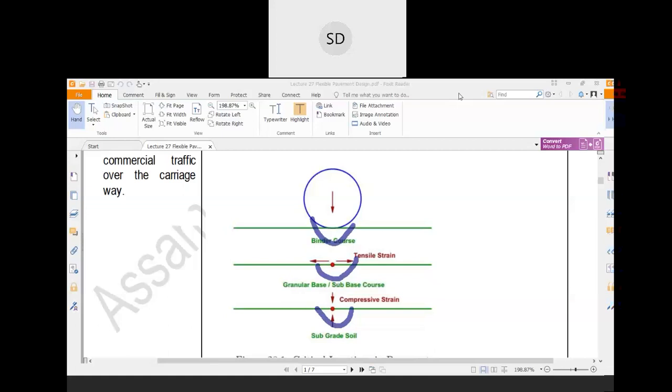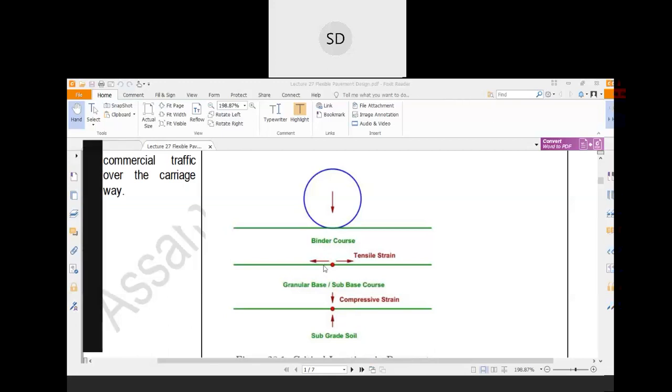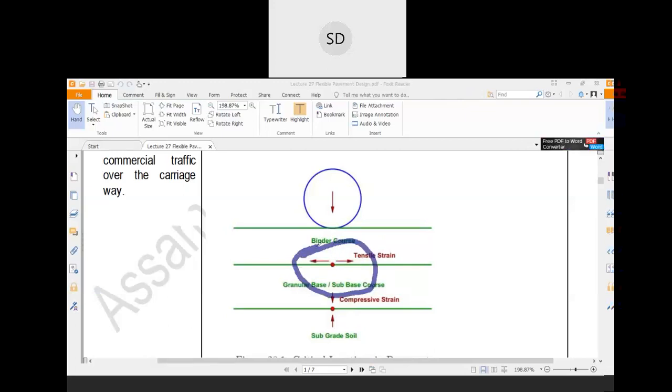Now another type of flexible pavement failure is called fatigue failure, where the flexible pavement fails due to the tensile strain which is generated at the bottom of the binder course or top of the granular subbase course. This is the tensile strain.